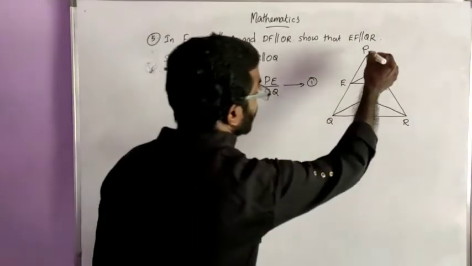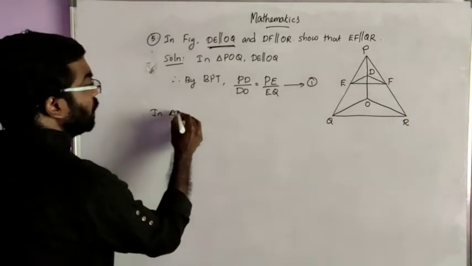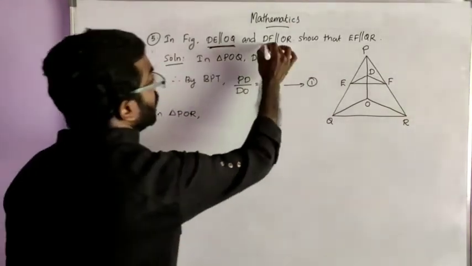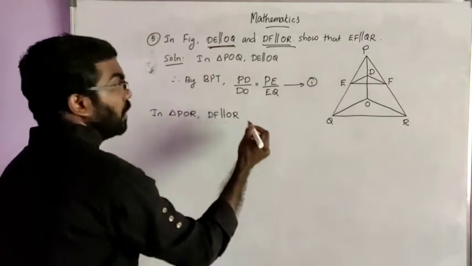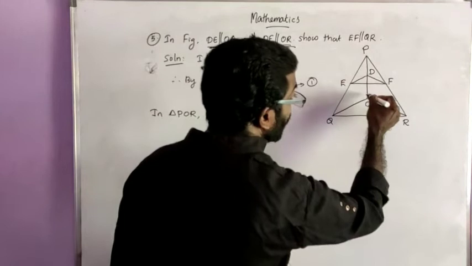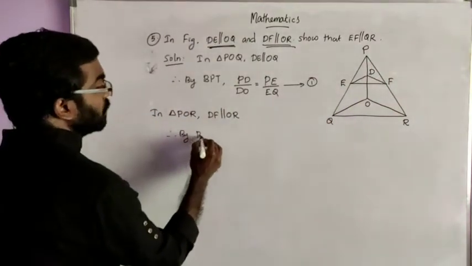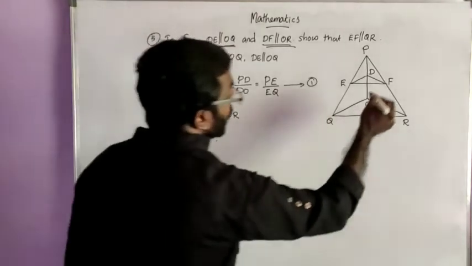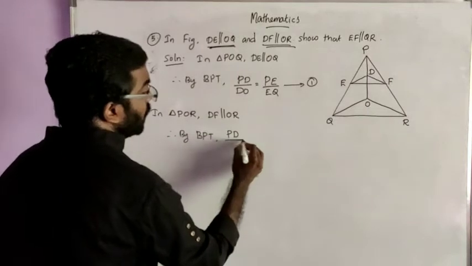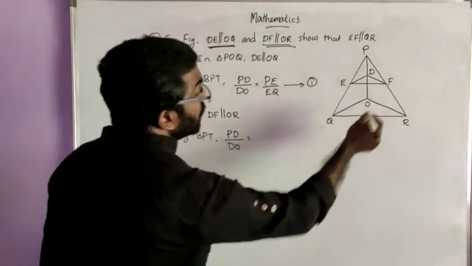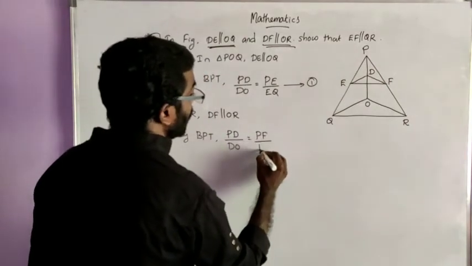Okay. Now we can take the second triangle POR, and in triangle POR, DF is parallel to OR. The line DF is parallel to OR. So here also by BPT we can write PD by DO equal to PF by FR.